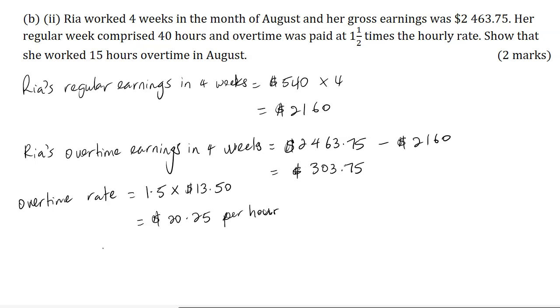So to calculate now the overtime hours worked, I will take the overtime earnings of $303.75 and divide it by the overtime rate, which would be $20.25.